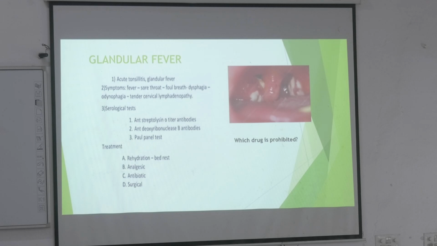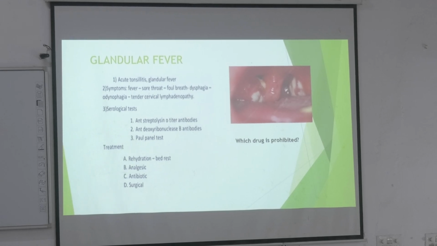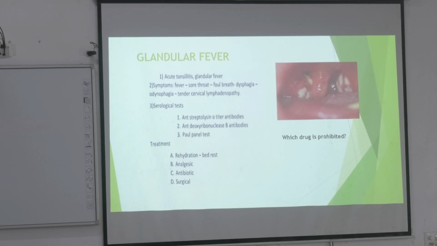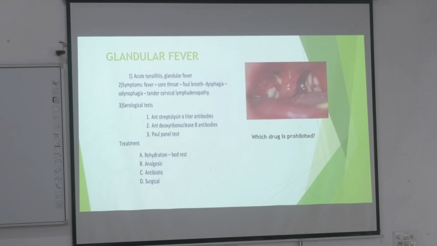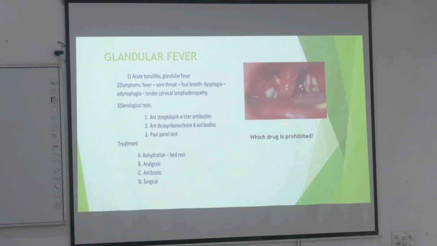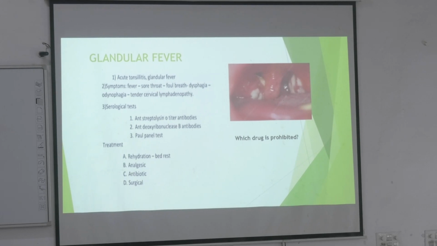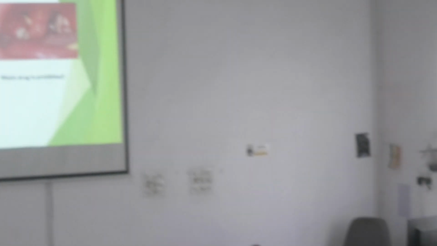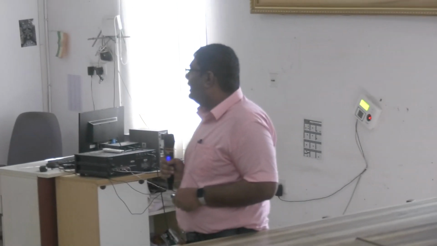I forgot the name, something like Jarix, I will tell you in later classes. But you should not give amoxicillin to this patient. So how to diagnose if it is infectious mononucleosis or not? The Paul-Bunnell test, okay, or monospot test, okay.